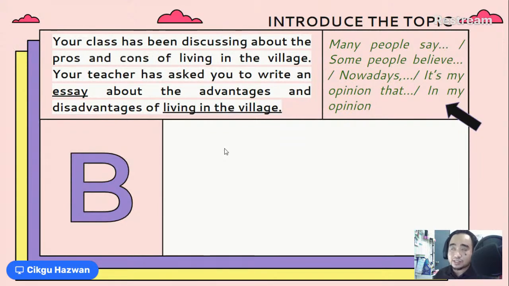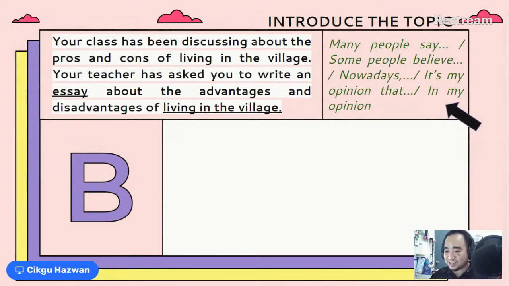This is a very simple introduction because we don't want you to take too many words when introducing your topic. Since the dawn of man, tak payah, or since the dinosaurs era, tak payah. So just put, many people say, or some people believe, nowadays, it is my opinion that, in my opinion, just a direct introduction.